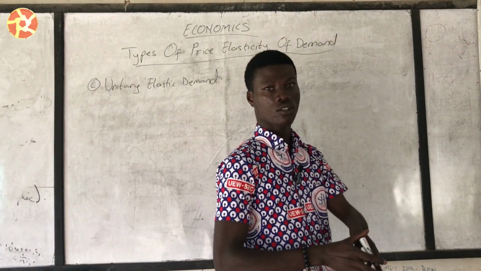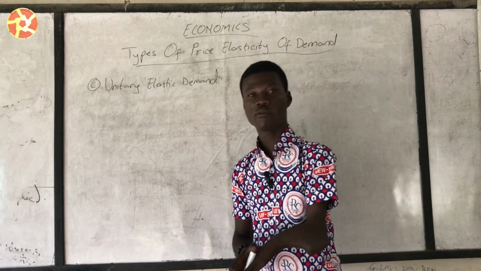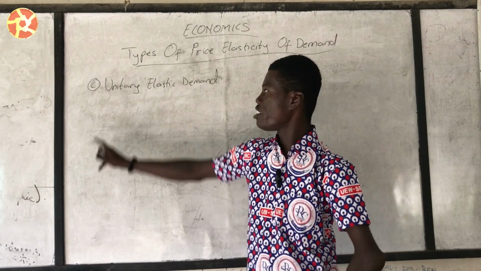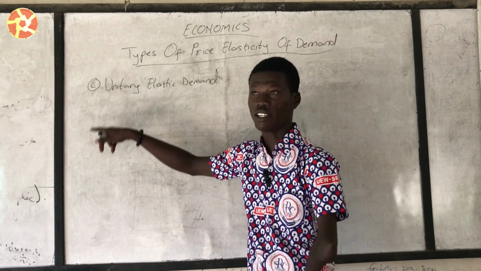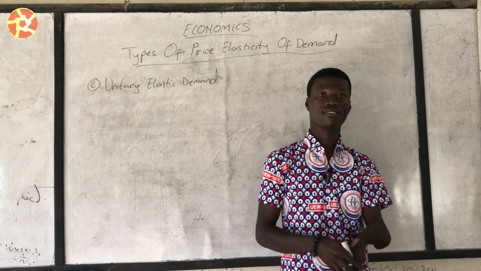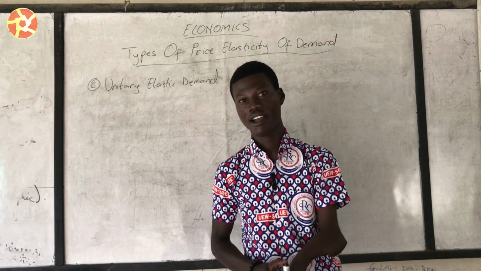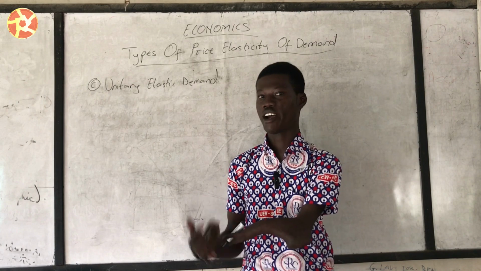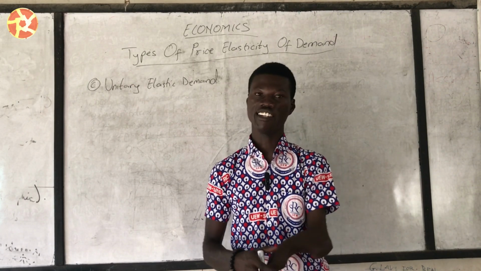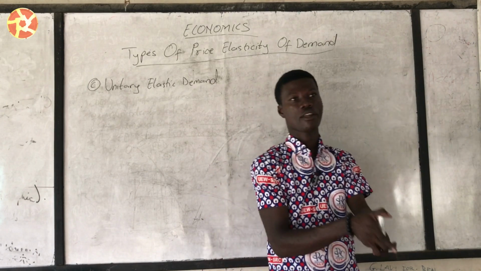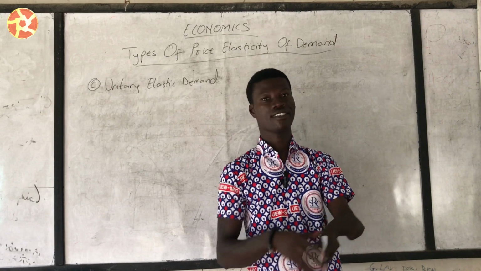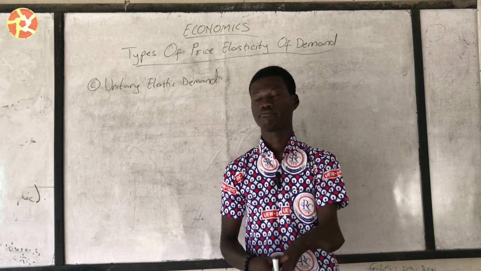All right, so as the name implies, the third one is unitary elastic demand. Unit means one. So here, we are saying that this type of price elasticity is whereby the percentage change in price causes an equal percentage change in quantity demanded. So when you calculate the percentage change in price, it is the same as the percentage change in quantity demanded.